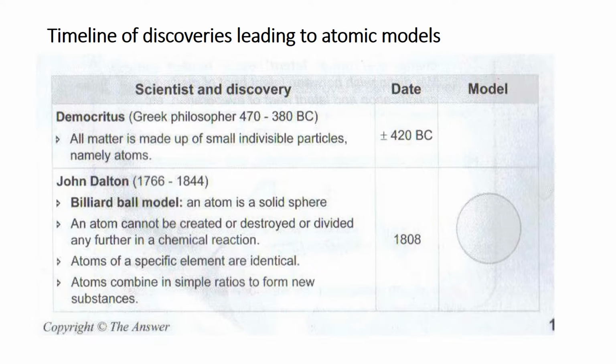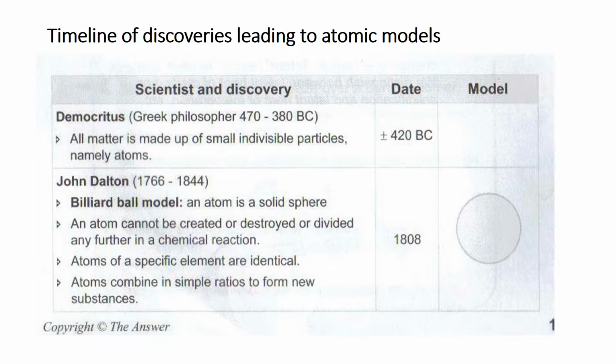Here is a timeline of discoveries leading to atomic models, and you need to know these discoveries and the discoverers. For example, you need to know that John Dalton came up with the billiard ball model, which stated that an atom is just a solid sphere.